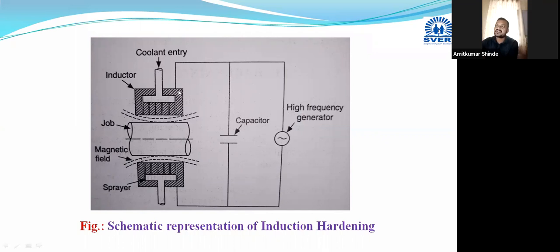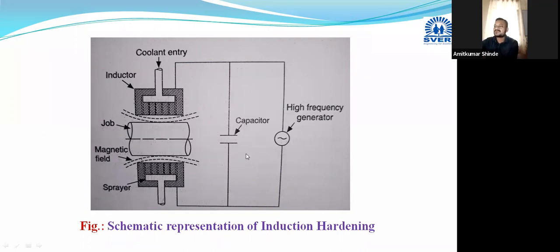This inductor coil contains copper tubes through which coolant is flowing. Due to the high frequency alternating current flowing through this inductor coil, which surrounds the workpiece, a magnetic field is created. Due to this magnetic field, eddy currents are generated and flow through the workpiece, and heating is done due to the skin effect.